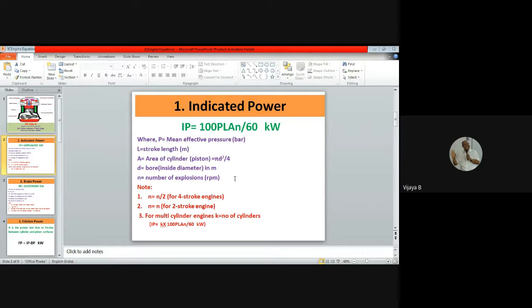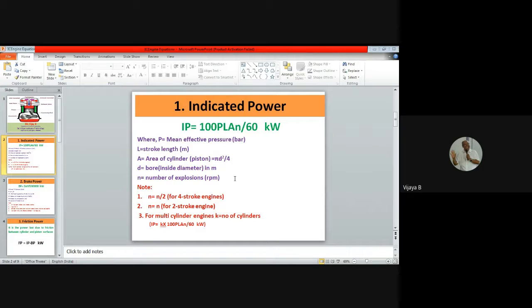But you need to know certain important notes with respect to this equation of IP. N equals n by 2 for a 4-stroke engine and N equals n for a 2-stroke engine. And for a multi-cylinder engine, you should multiply IP by K, where K is the number of cylinders.